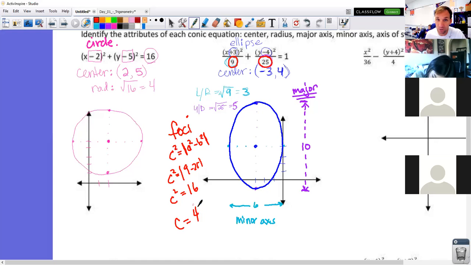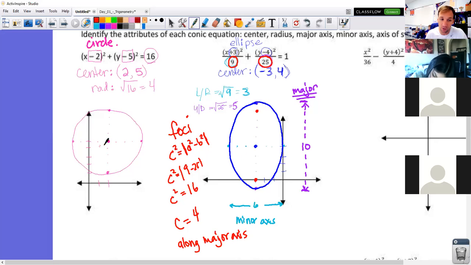So what this tells you is that the distance from your center to your foci is 4 units. Okay, and this is always along your major axis. The foci always go along your major axis. So 4 units from the center puts a focus point right here, and 4 units from your center puts a focus point right there.